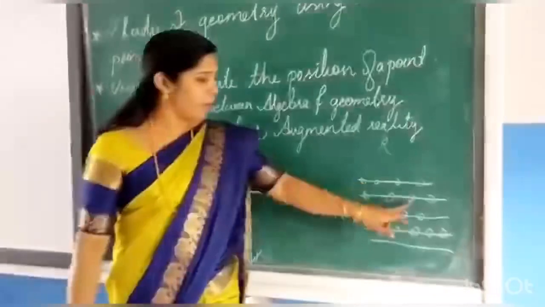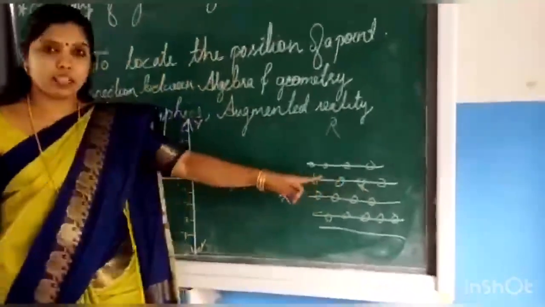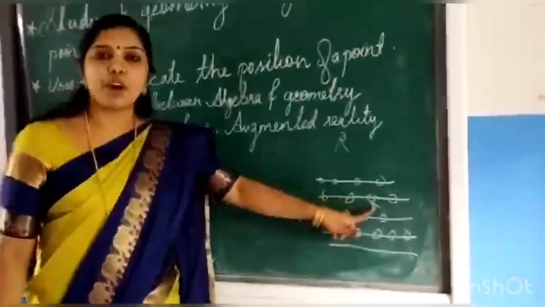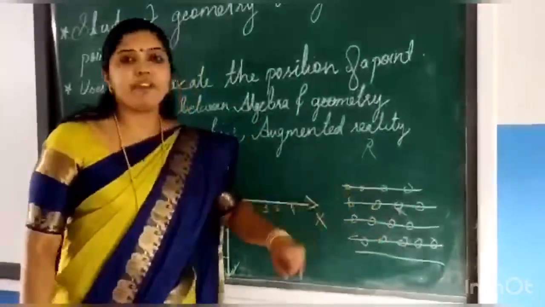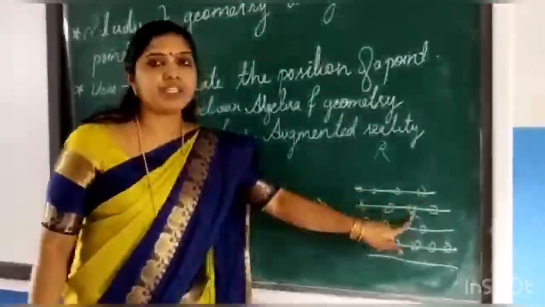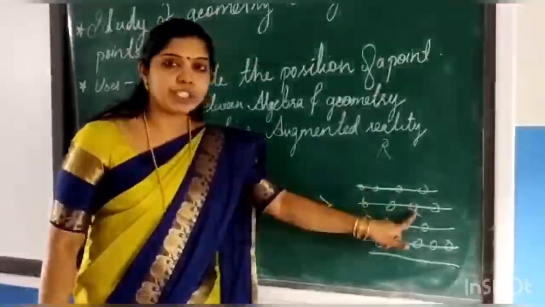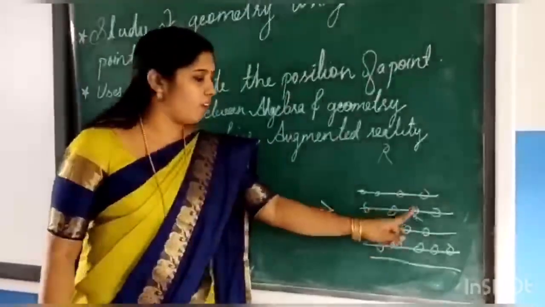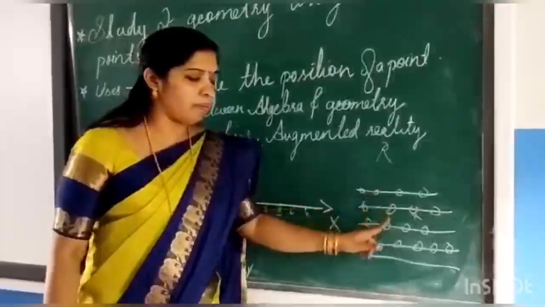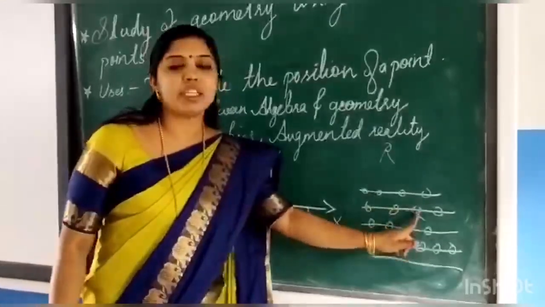So, if you are sitting here, how will we define the position of this child? How will we explain this? We will tell that, see Manish, he is sitting in the second bench and third row. If we are coming from here, we will call he is sitting in the second bench, in the second row, third column he is sitting.